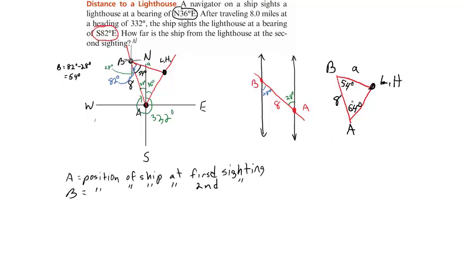Do we have enough information as drawn to get it yet? What other thing do we need? Don't we need the angle at the lighthouse? Yeah. If you want to, you could call that angle C. So that angle C would equal 180 minus the 54 minus the 64, which does turn out to be 62 degrees.